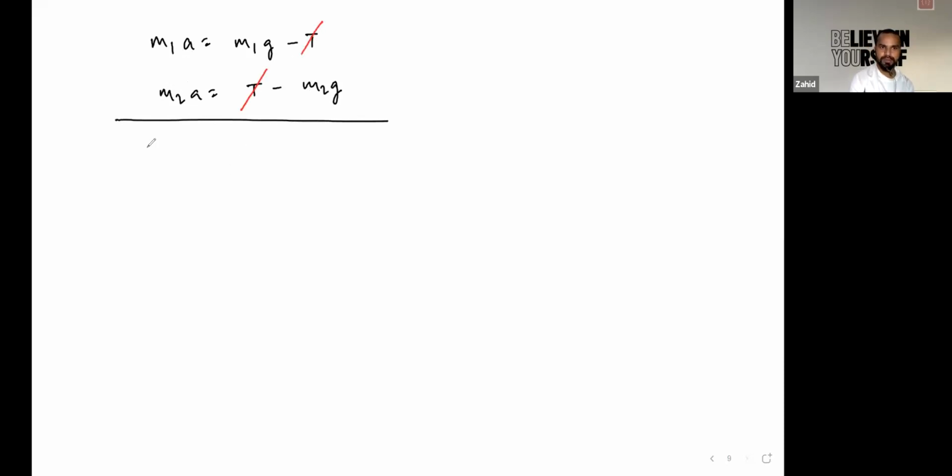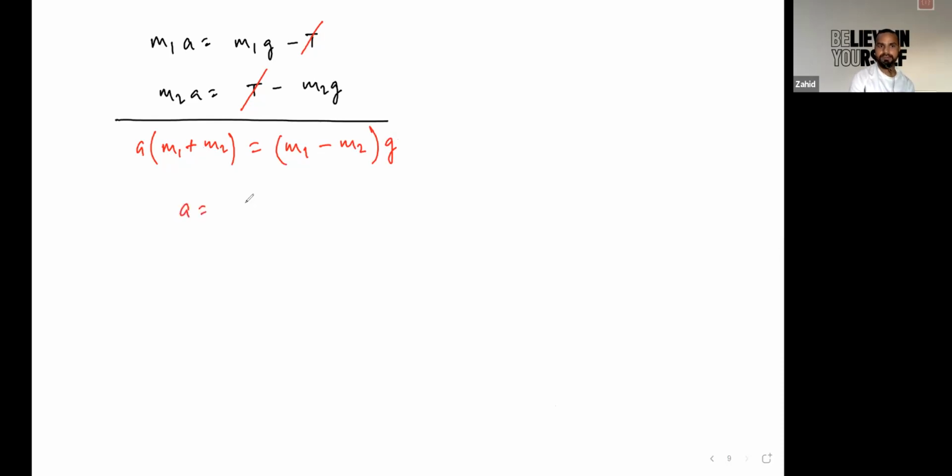If you take out A as common from both these terms, you will get m1 plus m2 is equal to, here we have m1 in positive and m2 in negative. So it will be m1 minus m2, and I have taken gravity to be common. Now move this m1 plus m2 to the other side.